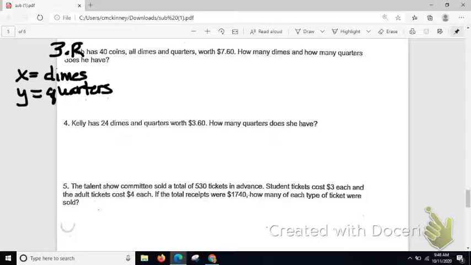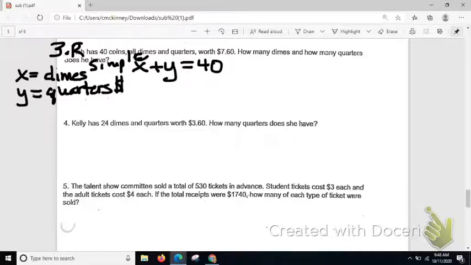So the number of dimes plus the number of quarters is equal to 40. Notice that one is a nice simple equation. I'm going to make a little note out here that this is my simple equation. It's so simple that sometimes people overlook it.